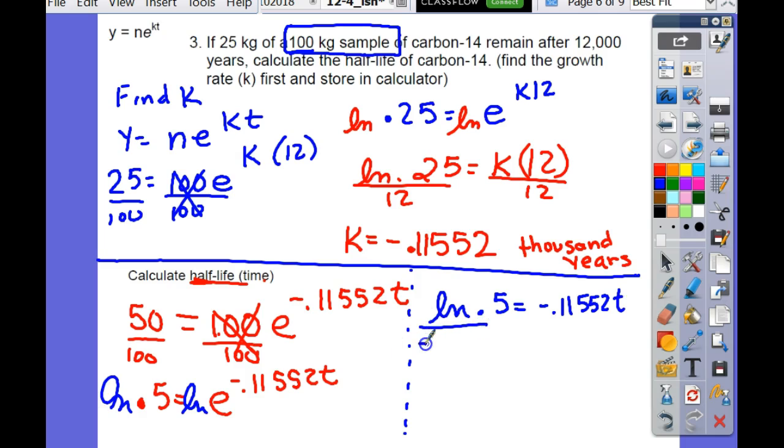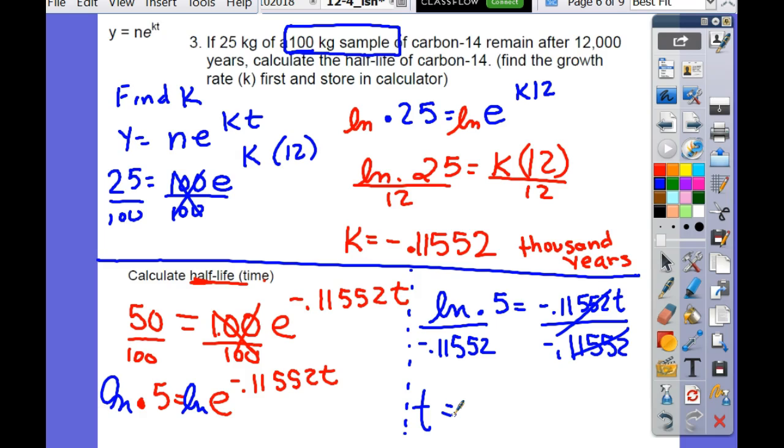So I'm going to divide, and so what's the t going to be equal to? ln of 0.5 divided by negative 0.11552.